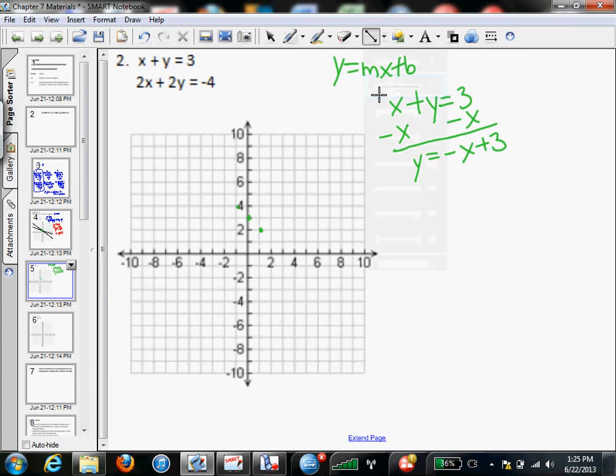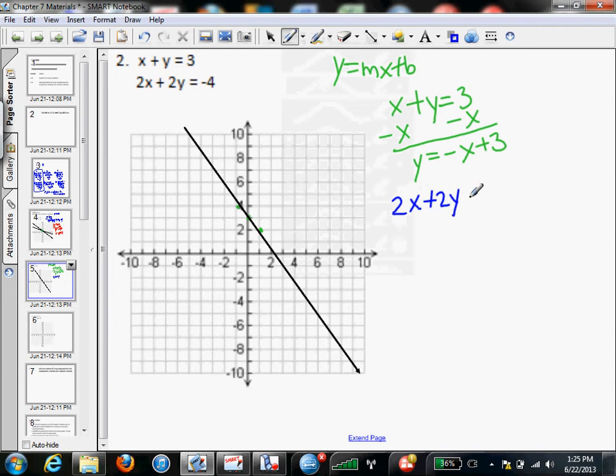Okay, so now we have a set of points we can work with. Let's graph these. Okay, so that turned out pretty nicely. Let's work with the second equation. 2x plus 2y equals negative 4.